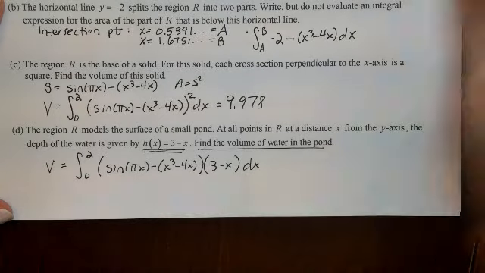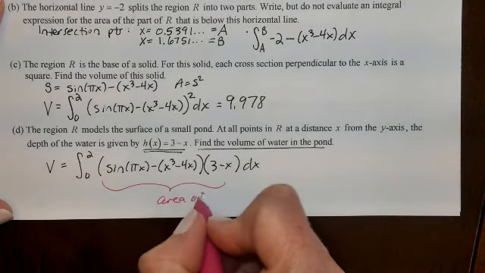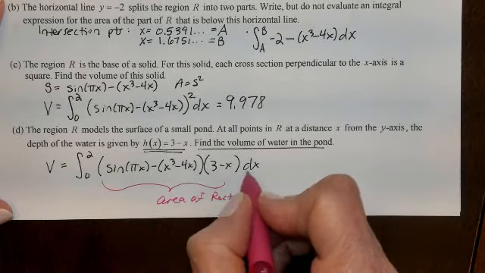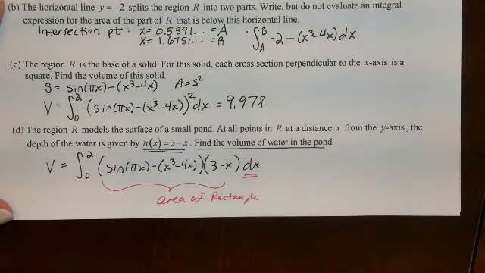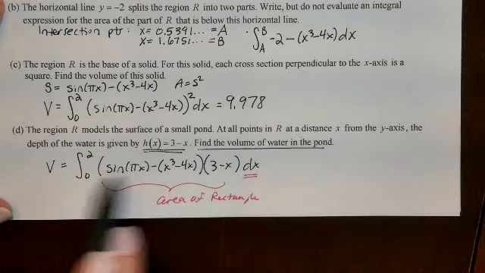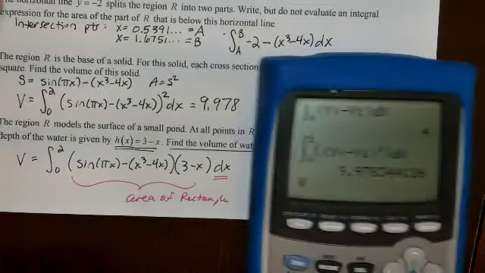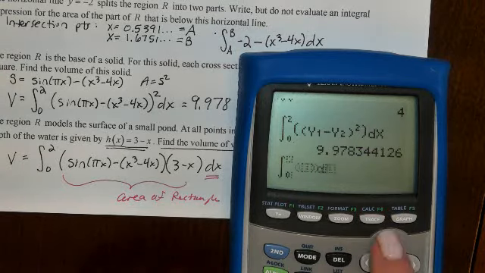For the sake of your notes, remember that this is just the area of a rectangle, and then giving it a little thickness allows us to find the volume. Okay? So we have to actually find this. Math 9, 0 to 2.